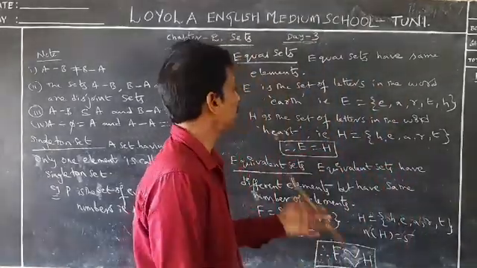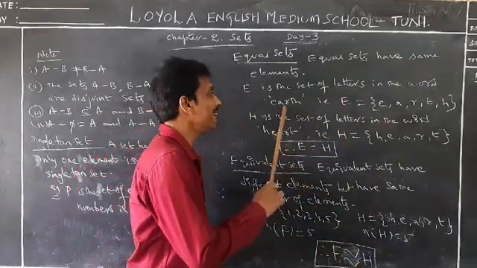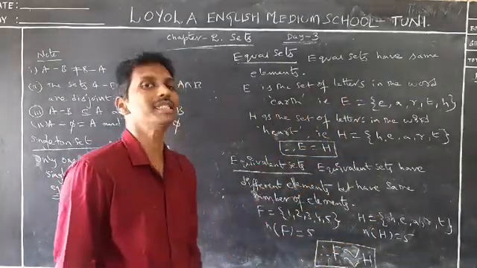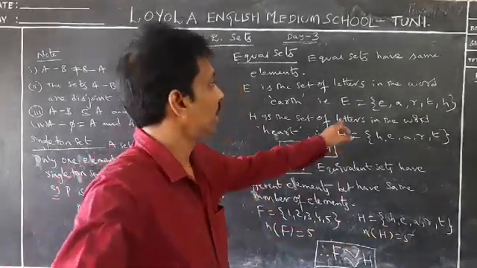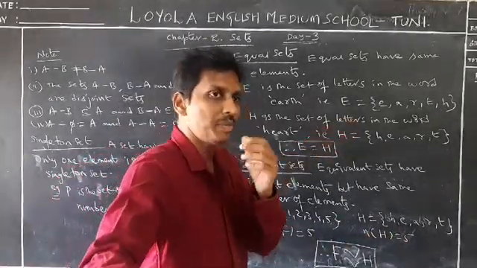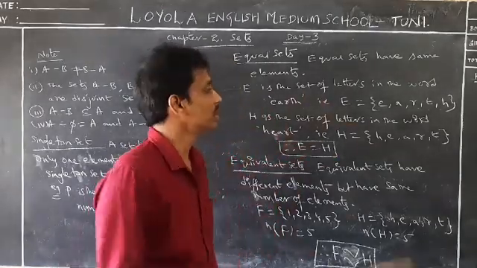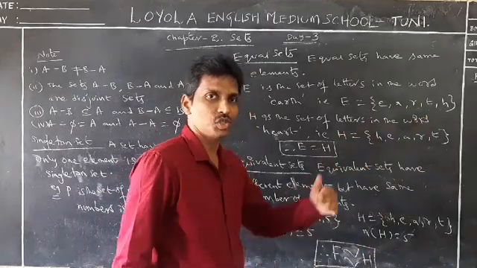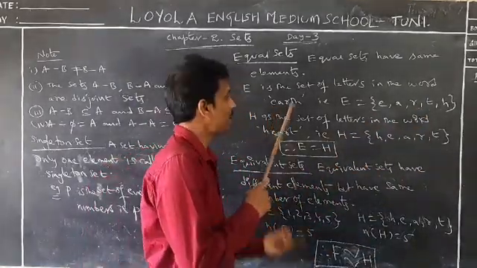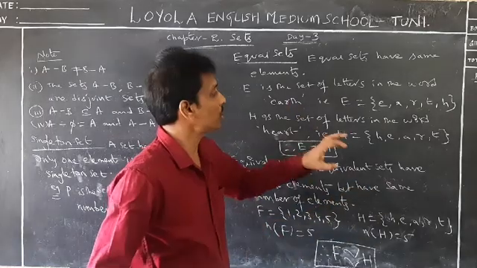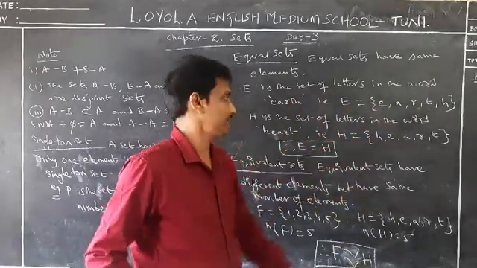Here, E is the set of letters in the word Earth, E-A-R-T-H. From that word we prepare the set E equal to E, A, R, T, H, separating them by commas. So now E is a set with these letters E, A, R, T, H.